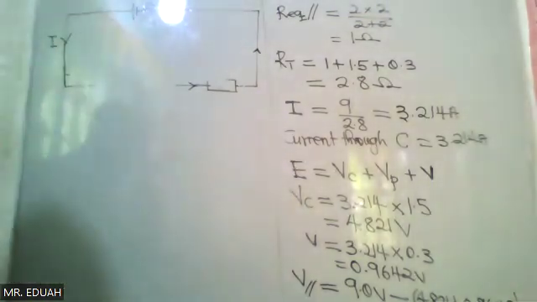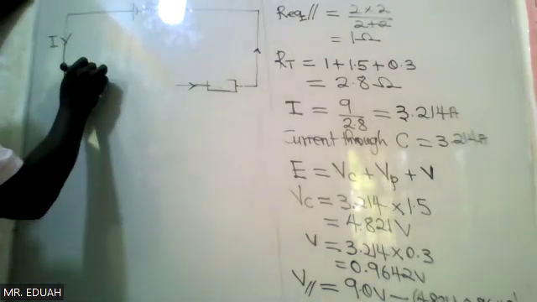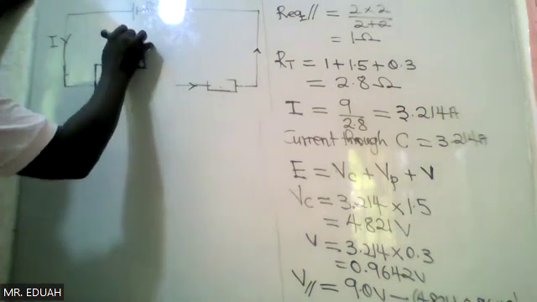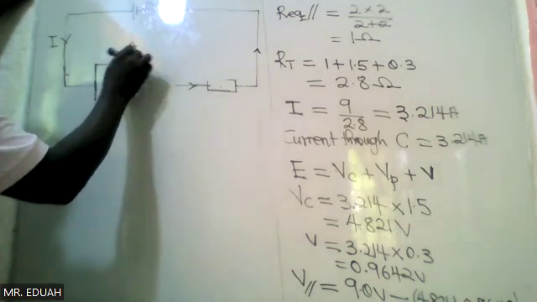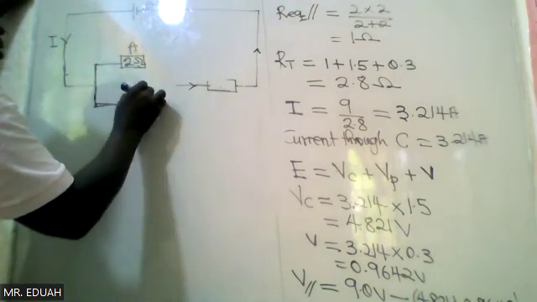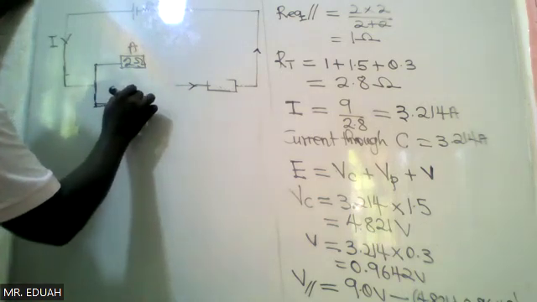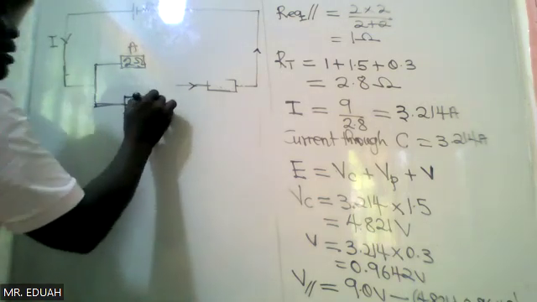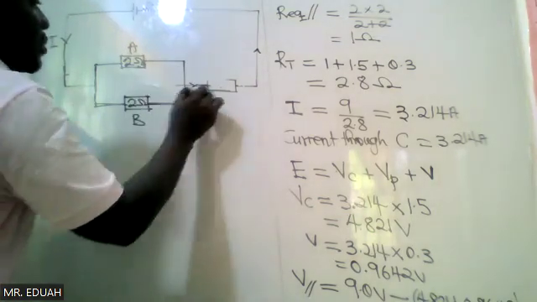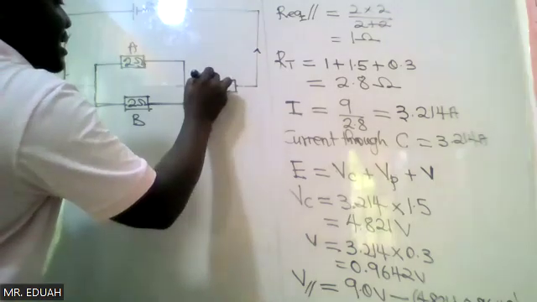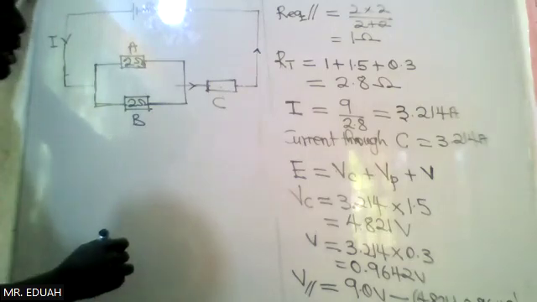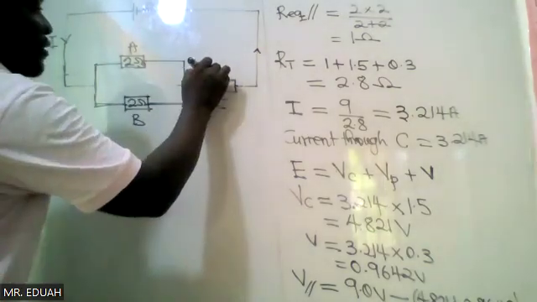We have this circuit. We have resistor A, whose value is 2 ohm, resistance B, another same value, and this is resistance C. What's the value of this? 1.5.